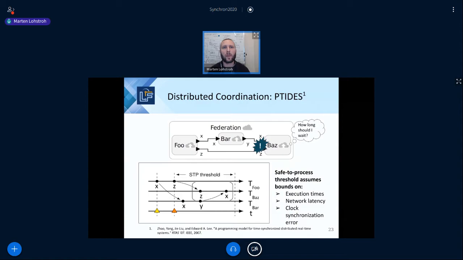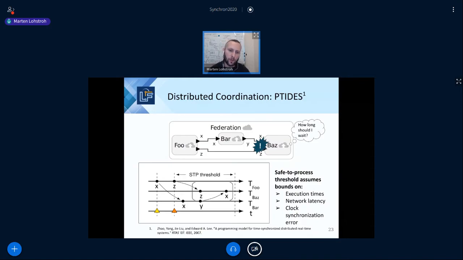We have X and Z. X happens before Z, but it arrives out of order at the receiver baz. And if we allow a sufficient amount of time, we'll receive both, and we can process them in reverse order so that they're ordered properly again.